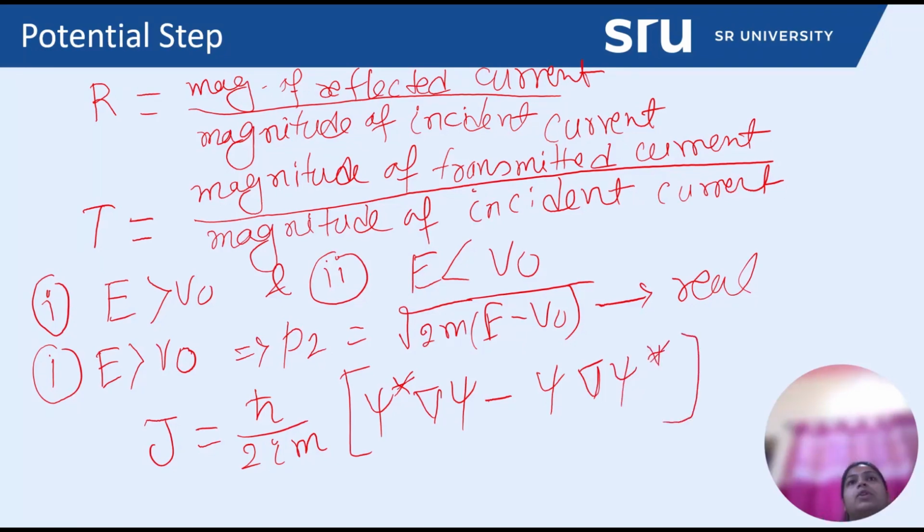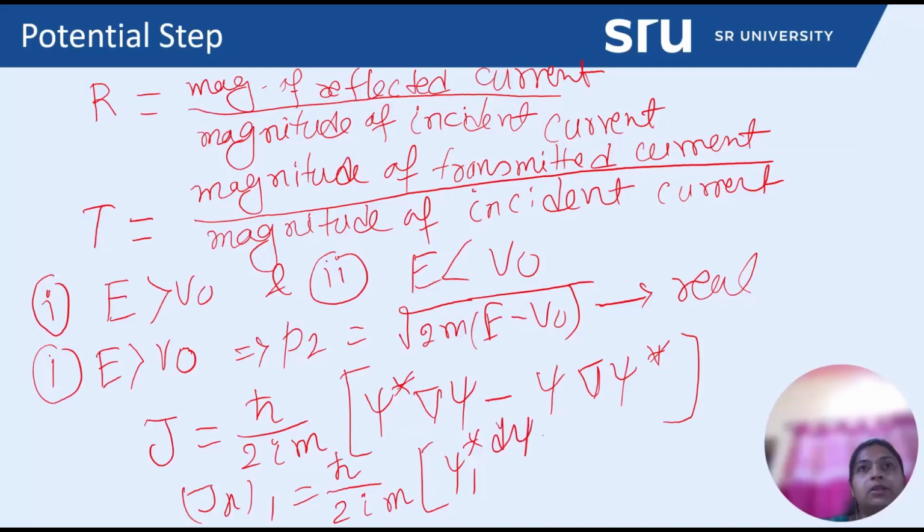This is the general formula for the current density, and since here we are considering the x direction, this term will be in this way: Jx1 is equal to h cut by 2 i m times (psi 1 star d psi 1 by dx minus psi 1 d psi 1 star by dx).